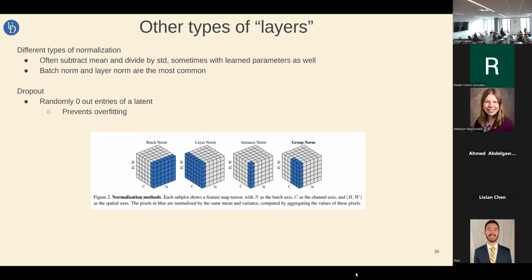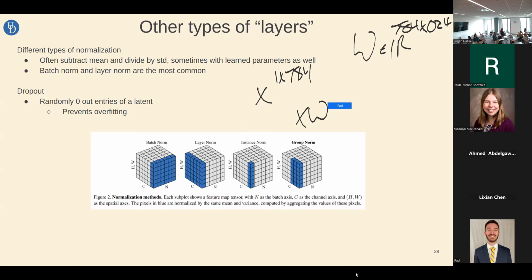Let's say our input was X again, 1 by 784, and our weight matrix for our model happened to be 784 by 1024. We're doing an up projection, we call it. XW equals, let's call it X1, with shape 1 by 1024. And then maybe at this stage is where we apply dropout.